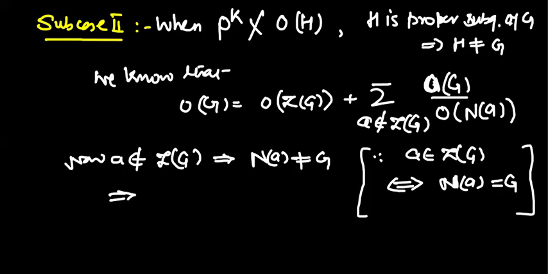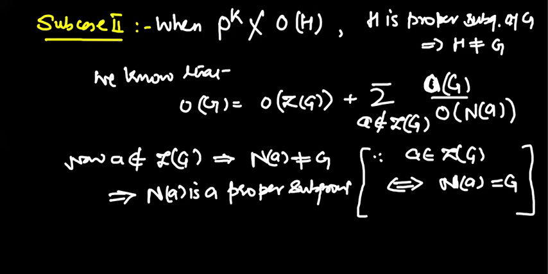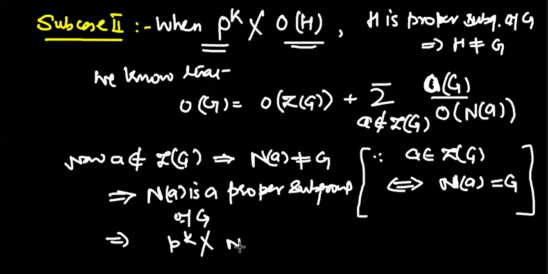This means that N(a) is a proper subgroup of G. Now we have the case that p^k does not divide H, where H is any proper subgroup of G. This means that p^k does not divide the order of N(a).